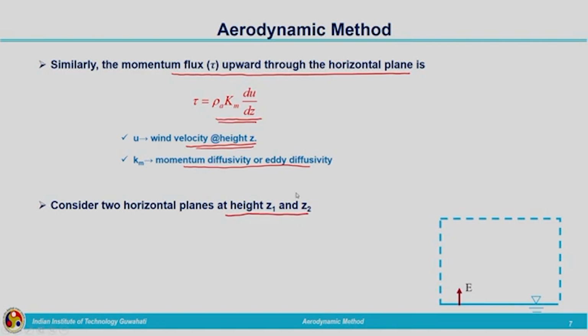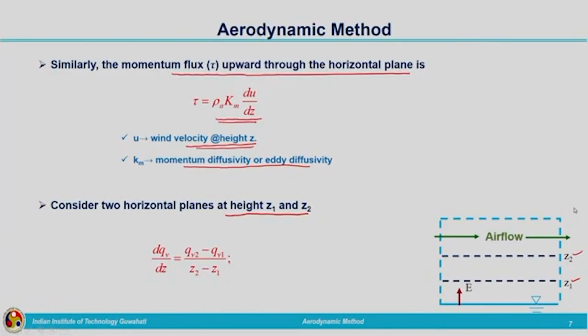In the control volume we are considering, evaporation is taking place and we have the airflow. Airflow velocity is the wind velocity, which we denote as u. And we are considering two planes z1 and z2. z1 and z2 are both considered to be very close to each other, because we need to make an assumption that the variation in specific humidity or in the wind velocity is linear.